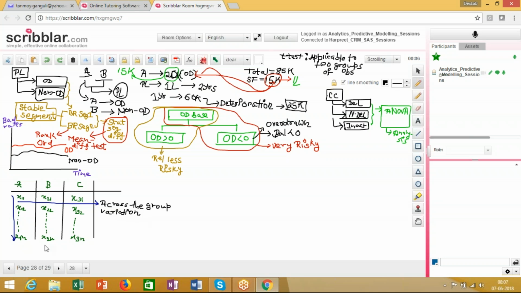Over here, what we could see is that the variation within the group is known as the within the group variation, or we call it the intra-group variation. This is the within group variation.